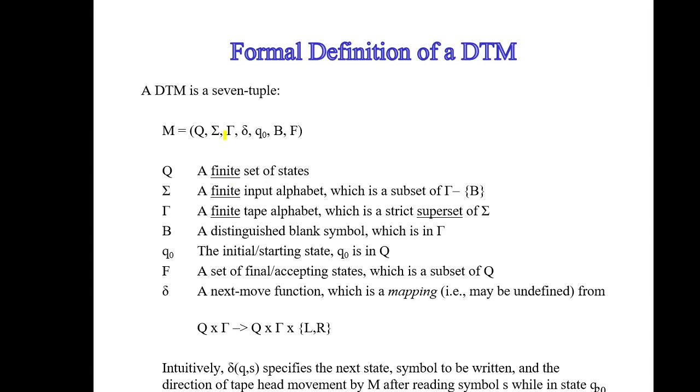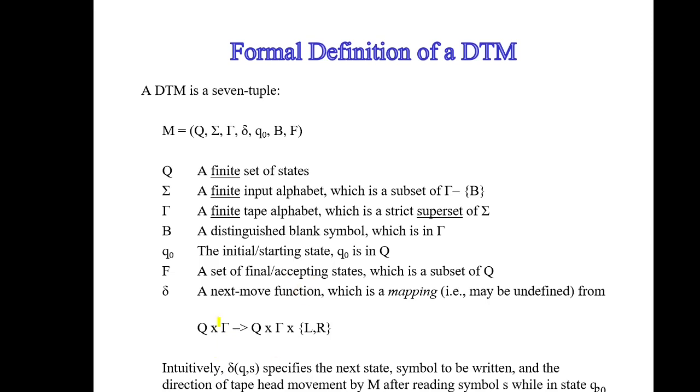Gamma means the tape alphabet, which is a strict superset of sigma, including the blank symbol too. B means the distinguished blank symbol, delta means the transition function, q naught is the initial state, and F is the set of final states.